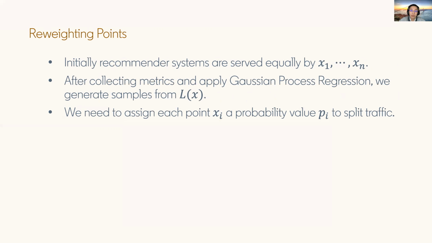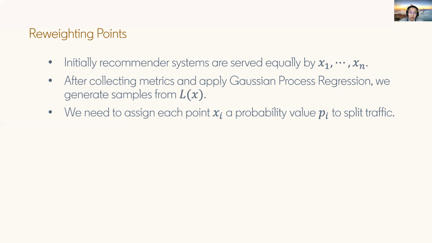The second trick is about how we reweight the points. After initially collecting the metrics and serving those points equally in the recommender system, finally we can get the training data, for example, after several hours or after one day. So we can fit the Gaussian process over the data, and we can generate samples from L of x.